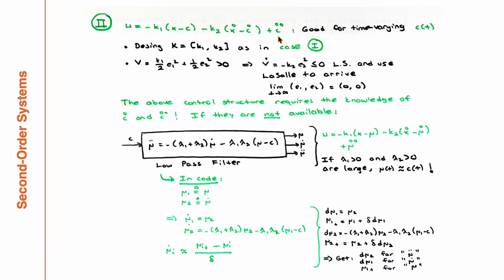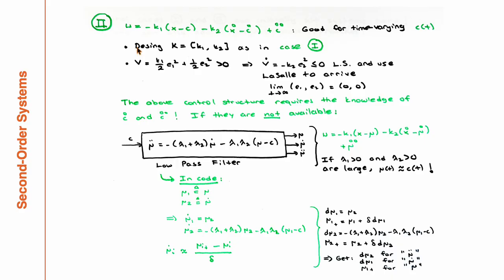But for a second, let's pretend C, C dot and C dot dot are available. Let's say they are constructed using some splines, some radial basis functions, some motion planning algorithms, so that you have a smooth C. You can numerically take its derivative once and twice to get C dot and C dot dot.